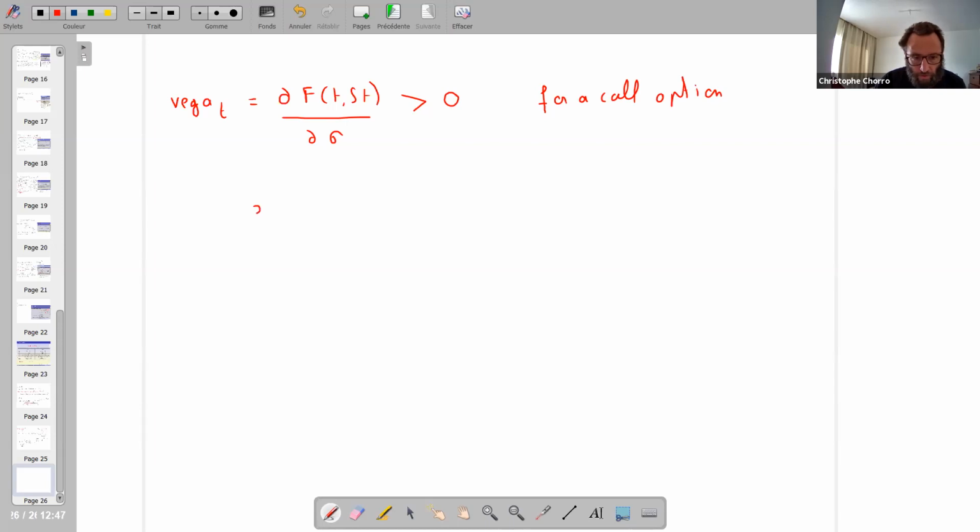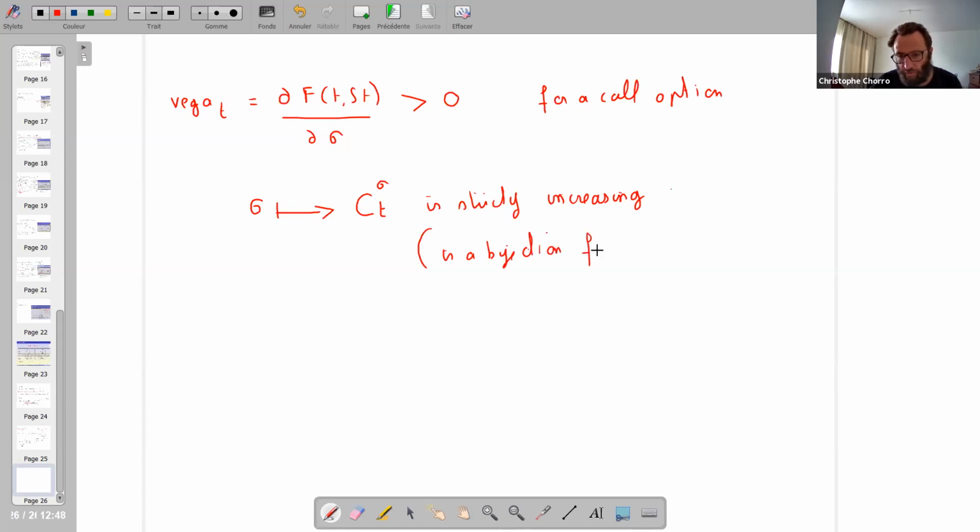And so the mapping that associates to sigma the price of a call option at time t, with vol sigma, is strictly increasing. And in fact, it is a bijection from R plus into R plus.